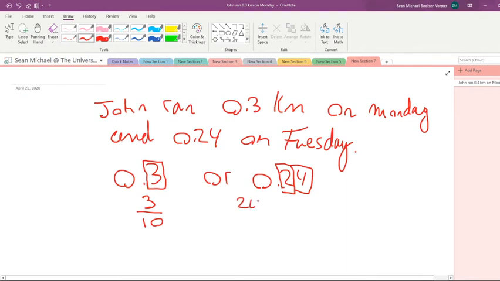So this is 24 over 100. Now we're just comparing these. The way to do this at this point in our work is to find the equivalent fraction. So 3 over 10, you times this by 10 each, and that's equal to 30 over 100.